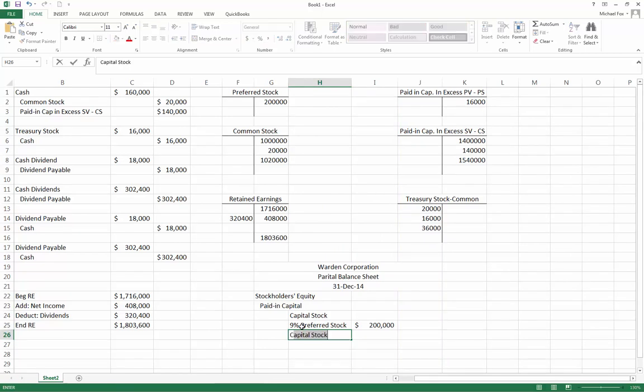We also have our common stock, no par. That had a balance of $1,020,000. So that'll be our total capital stock.